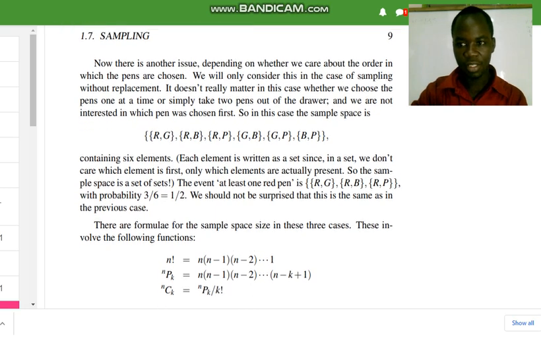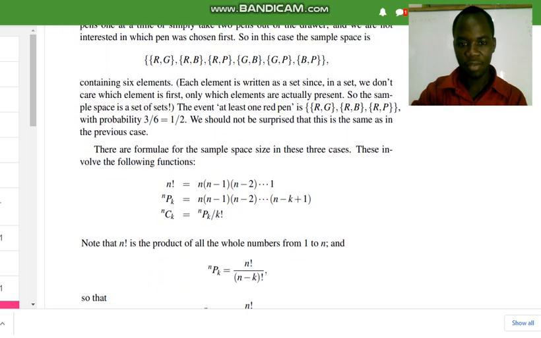As you can see here, n factorial is given by n pre-multiplied by n minus 1, pre-multiplied by n minus 2, and this continues up to 1. Then we have P raised to power n subscript k, which is given by n times n minus 1, n minus 2, and up to n minus k plus 1.